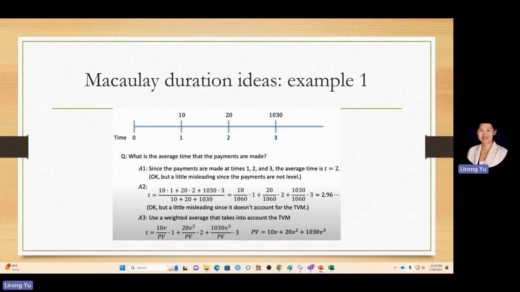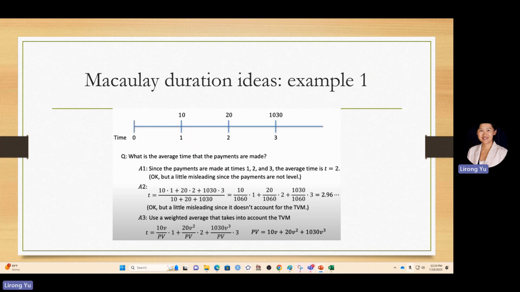So what we're going to do is first find the average time. We would find the total cash flow and the weight of each cash flow in relation to it. This is a way to find a weighted average of the time, but this is not the actual Macaulay duration.